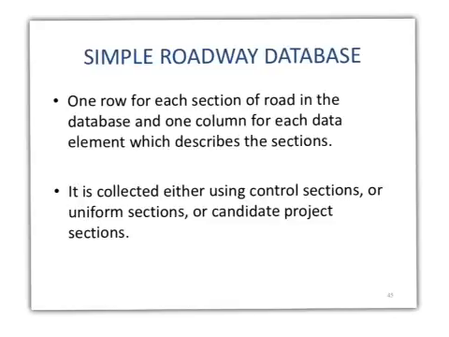So basically you would have one single row that has every single piece of information related to that section. Once you move on from row number 1 to row number 2, that would be another section, and so on and so forth. So this system is collected using either control sections, uniform sections, or candidate project sections as well.